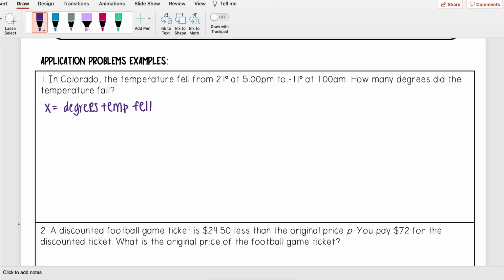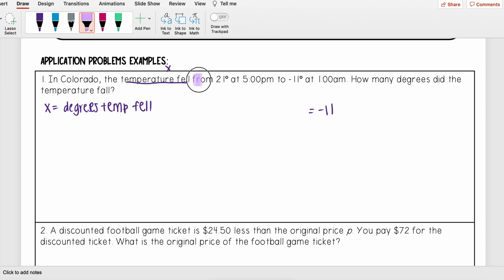Second step is to write the total on the one side. And so our total here is negative 11, because at the end, the temperature in Colorado was negative 11 degrees. And now I need to figure out what goes on the left-hand side. And so it says that the temperature fell, so this is our x, from 21 degrees to negative 11.